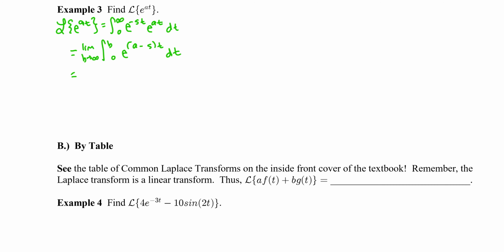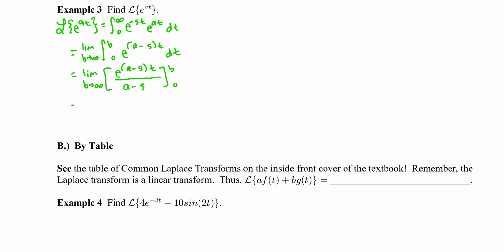Okay, once we have that fixed up, then we can integrate with respect to t. So remember, when we integrate an exponential, we make a copy of the e exactly as it is, and we divide by the derivative of the exponent, which in this case is just the constants a minus s. And we're going to run that from 0 to b.